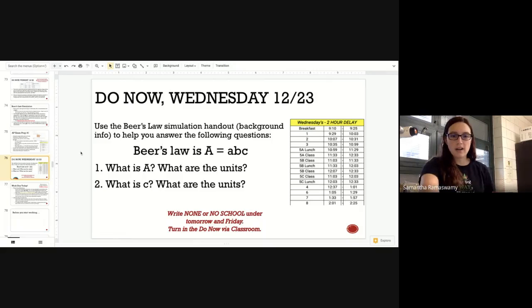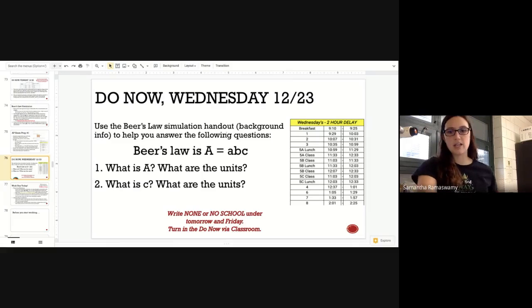For number one, I want to know what capital A represents. This do now is looking at the two variables that are related in Beer's Law. For capital A, hopefully you said that is absorbance.